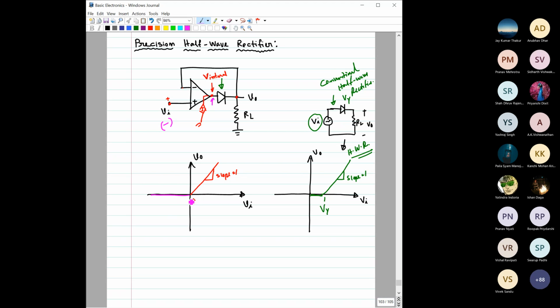So for Vi less than 0, it is able to block. For Vi greater than 0, or any positive value of Vi, this voltage is able to pass. That's why it is called a precision half wave rectifier, because whatever the amplitude of this Vi, you would be able to rectify it and rectify it fruitfully.